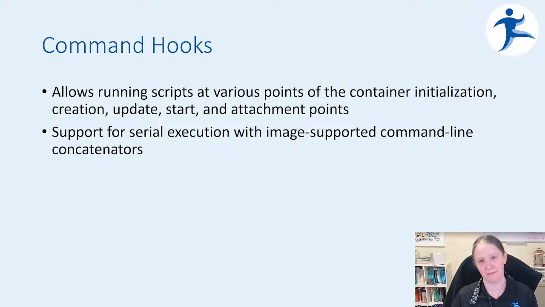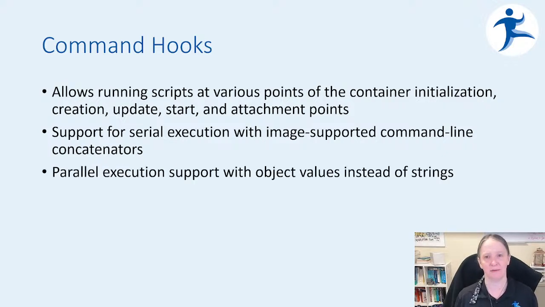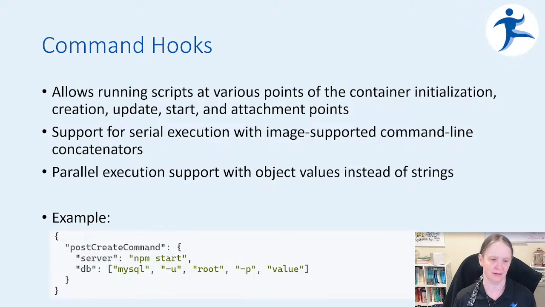So you'll see the double ampersand for concatenating commands. So they run serially. But they also now have the ability to support parallel execution, and that looks something like this. So if you wanted to run both node start and starting up your MySQL database at the same time, in parallel, this would be what that looks like.